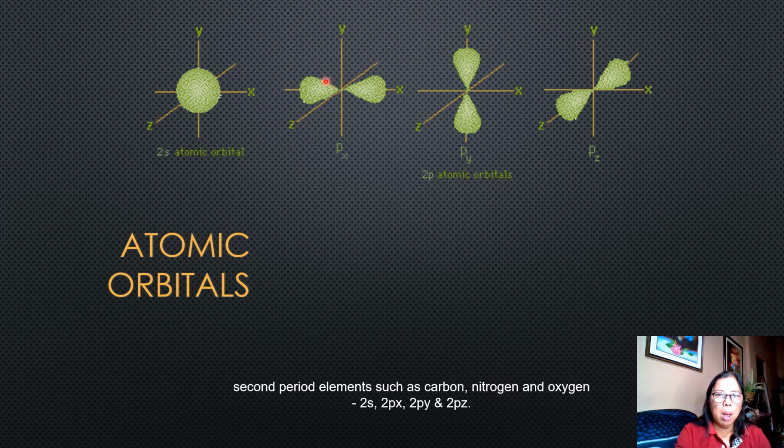The one half is here and the other half is here. So if these two lobes are passing in the x line or in the horizontal line, it is called px. If it is passing through the y line or vertical line, it is called py.